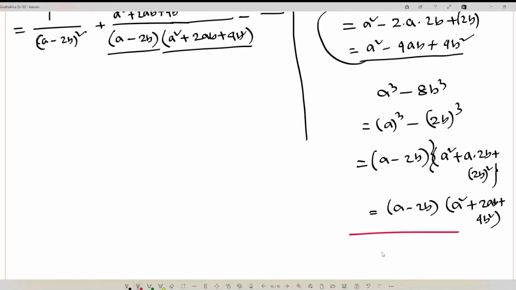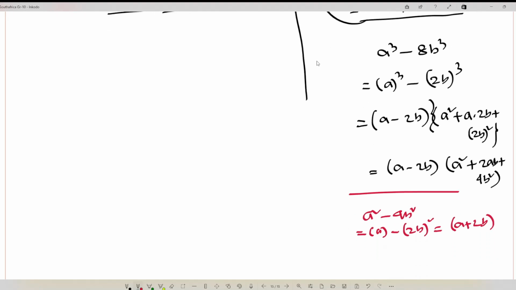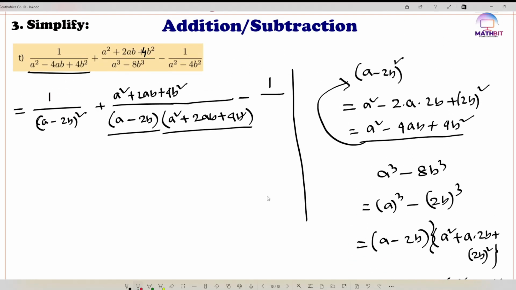again a square minus 4b square we can write here is a square, 4b square means 2b square, so it will be a plus 2b and then a minus 2b, right? It means a square minus b square theory. So this one we can write a plus 2b then a minus 2b, right?